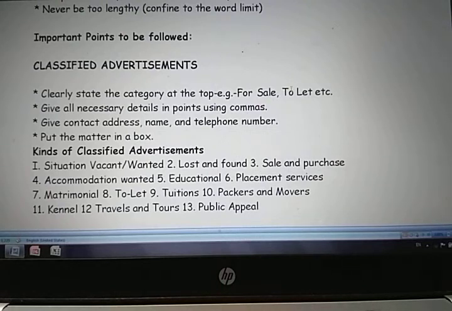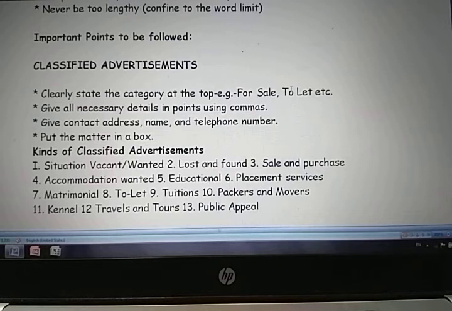Number 1, situation vacant and situation wanted. Vacant means the employer gives the advertisement. Wanted means the person asks, suppose I need a job. You see, because of this corona, a number of teachers lost their job.